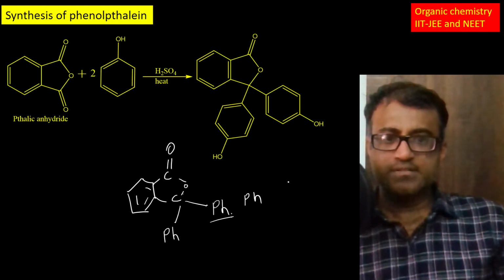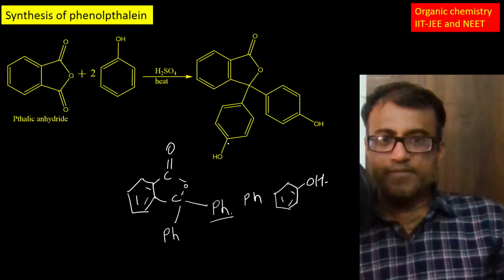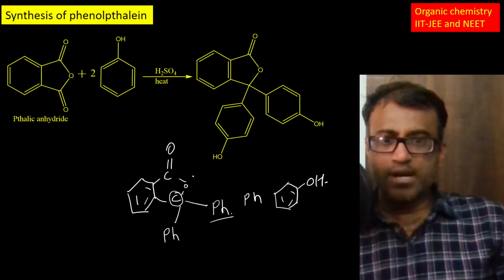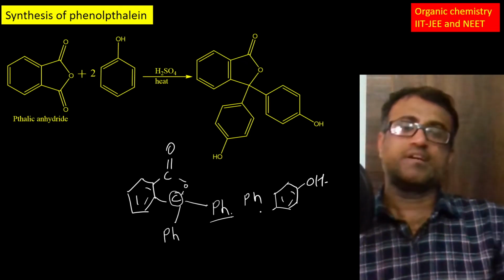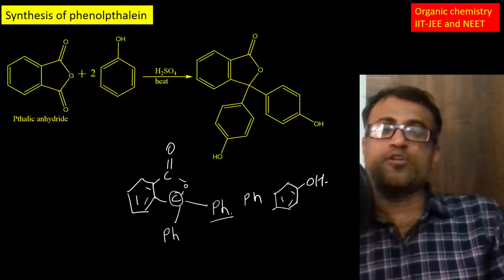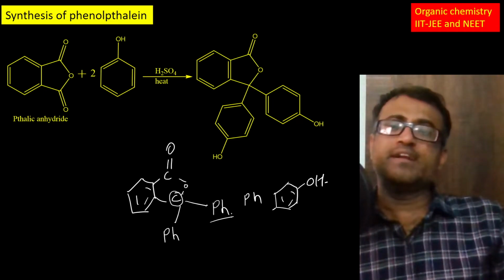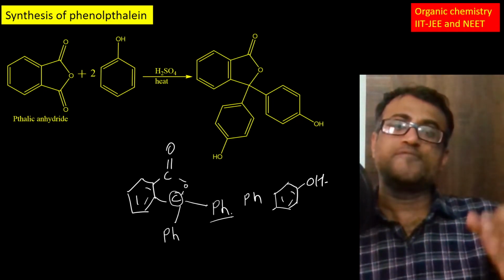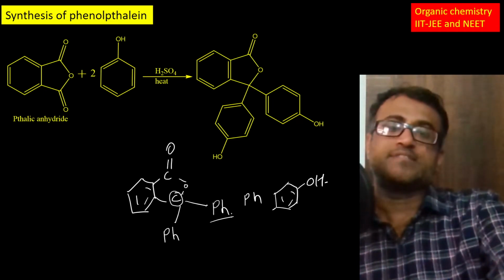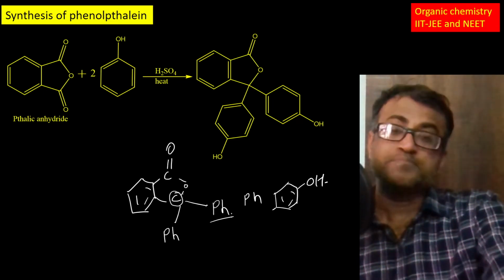Phenol is attached to this carbon atom at the para position, and that is nothing but the phenolphthalein. Phthalic anhydride is reacted with 2 moles of phenol in presence of H2SO4 acid. In acidic medium this reaction takes place.